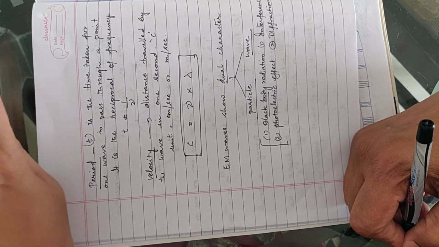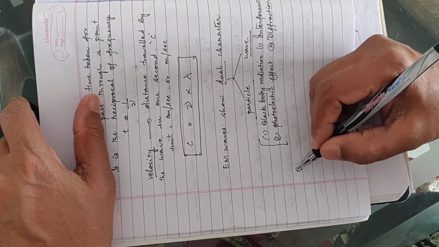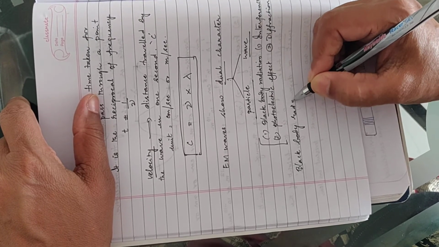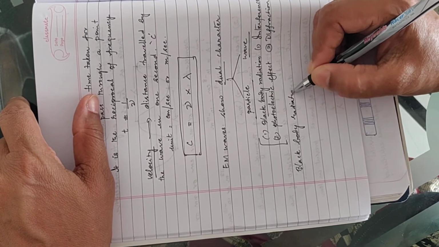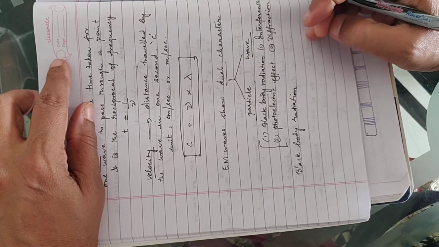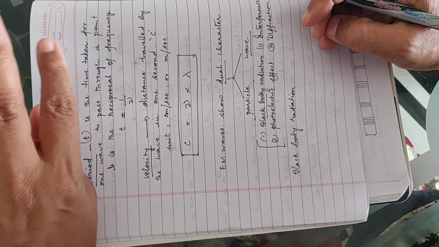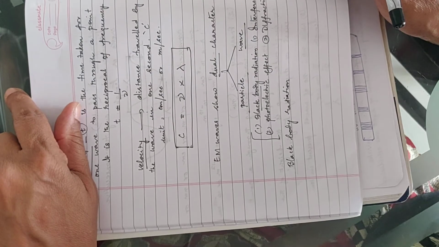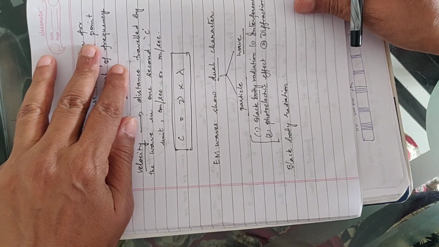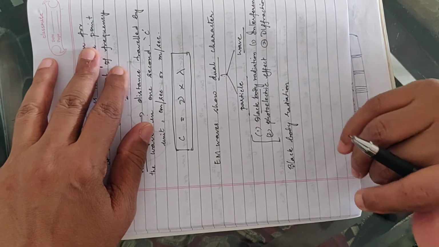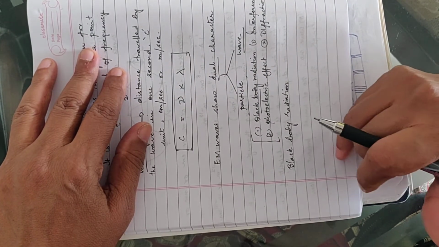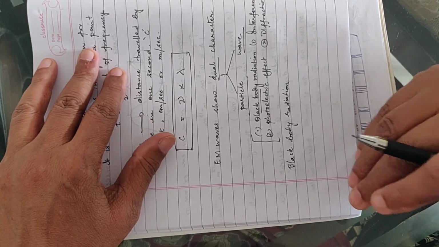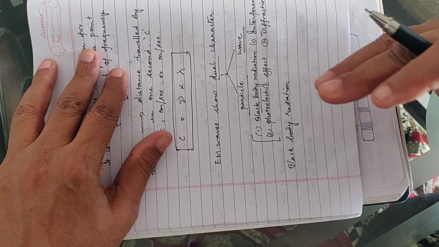Now what is this black body radiation? Black body radiation is nothing but, if any substance with a high melting point is heated, say an iron rod is heated, first it will turn red, then it will turn yellow, then it will turn white, and then it will burn with a blue light.